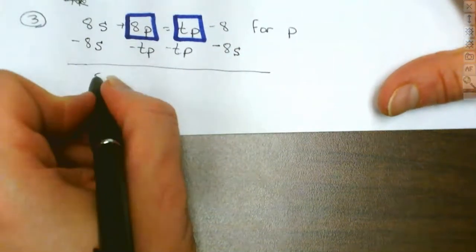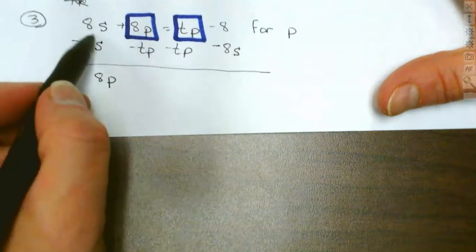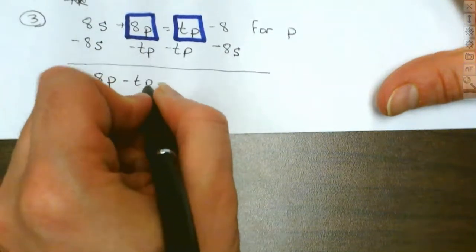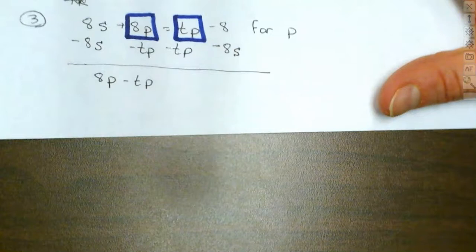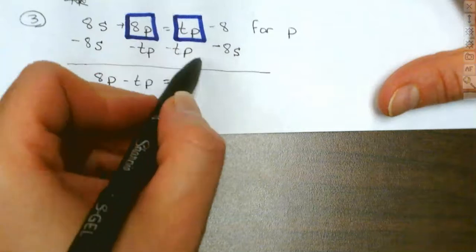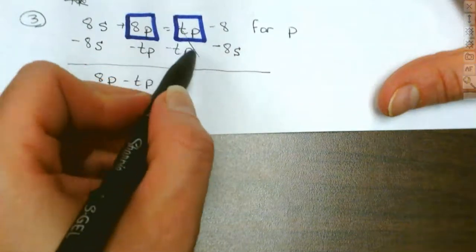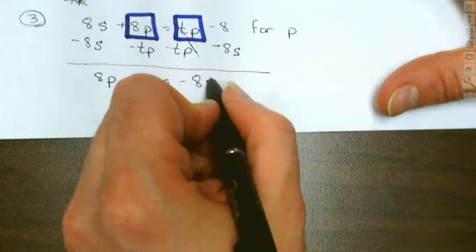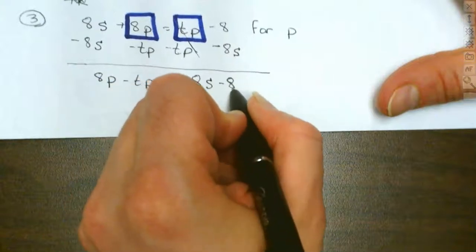So what do we have? We have 8p, because those cancel. Then we moved over the minus tp. That's what we want, because those both have the variable p, and they're on the left. On the right-hand side, then what do we have? Well, those can cancel here, so the tp's are gone. And we have a minus 8s minus 8.